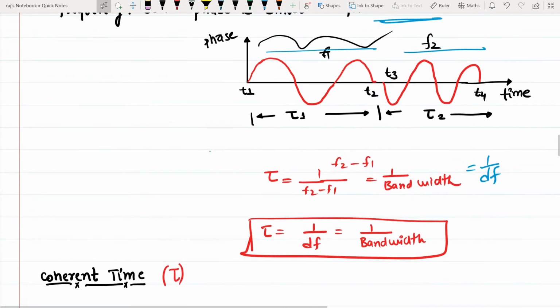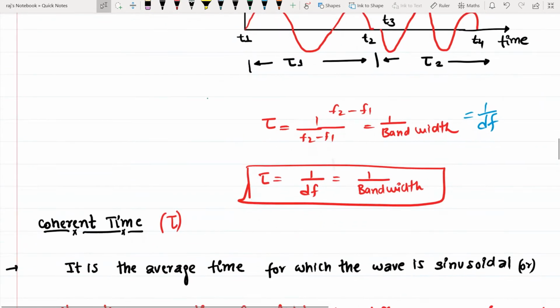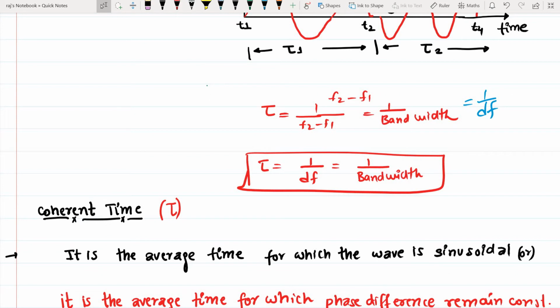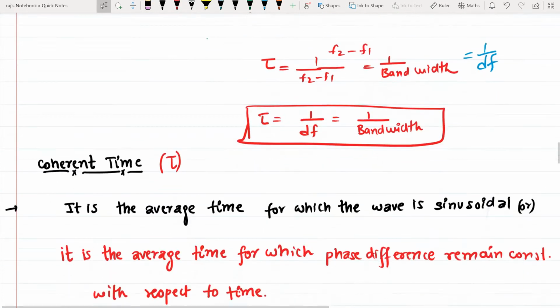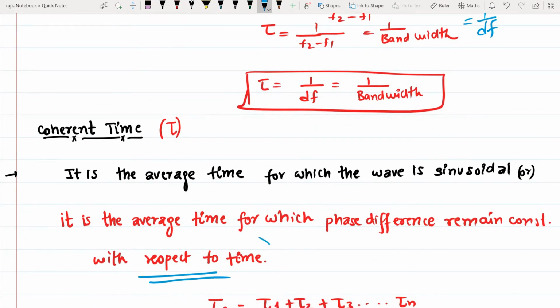From this, what is coherence time? It is the interval over which the phase difference is constant, or the wave is sinusoidal. That interval is called the coherence time, because over that time interval the phase difference of the wave remains constant. So coherence time is nothing but the average time for which the wave is sinusoidal, and the average time for which the phase difference remains constant with respect to time. Since we are talking about temporal coherence, we say it is constant with respect to time.